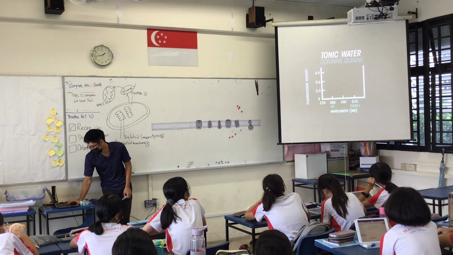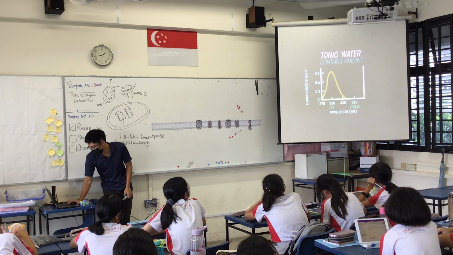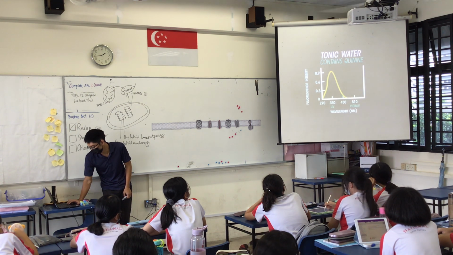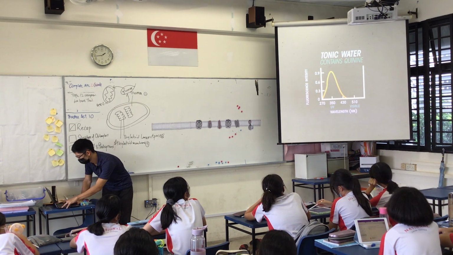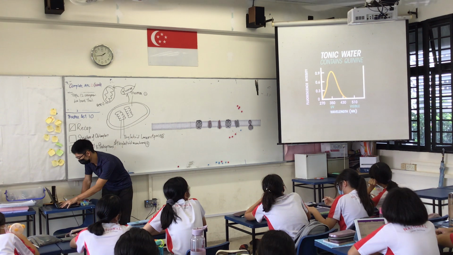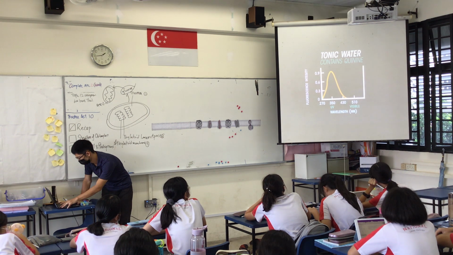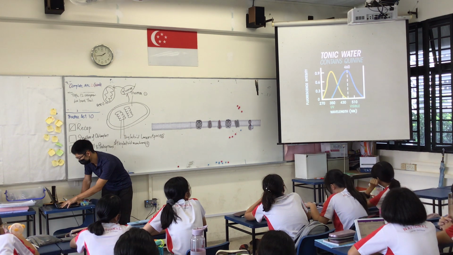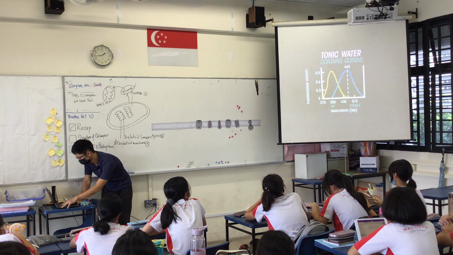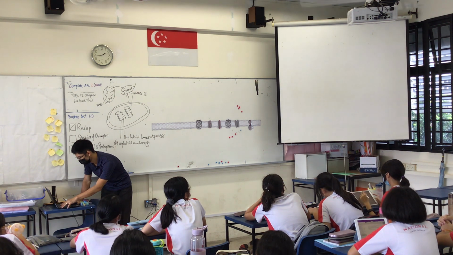This graph shows the wavelength of UV that quinine absorbs, mainly around 350 nanometers. The excited electrons in quinine return to their ground state in stages, emitting a longer wavelength of light, mainly around 460 nanometers, the blue region of the visible spectrum.